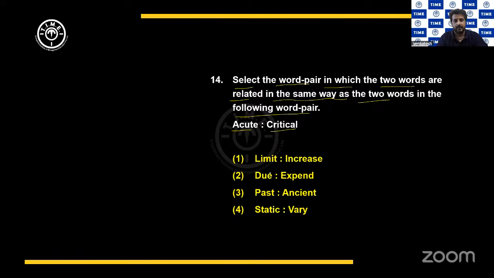Now, what is the logic between these two similar kind of terms? Now, past, ancient is perfectly matching with the similar kind of terms. Choice 3. Verbal analogy questions. Next one.